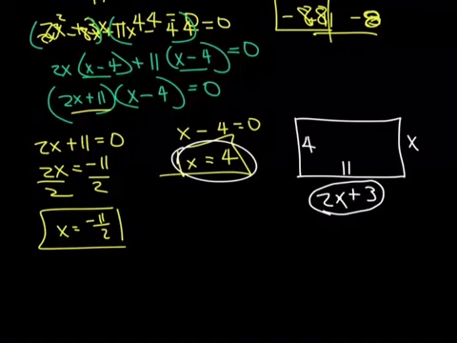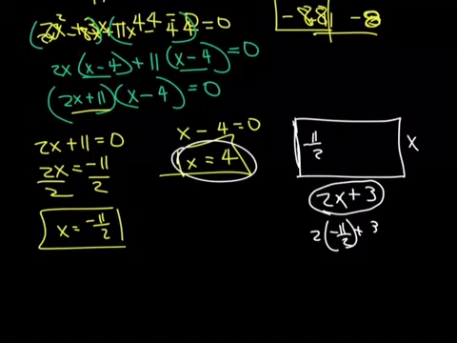Alright, if x equals, instead of 4, negative 11 halves, now you're going to be plugging away, thinking, oh okay, that's what my width is, negative 11 halves, and I'm going to multiply 2 times negative 11 halves and find out my other possible answer, right?